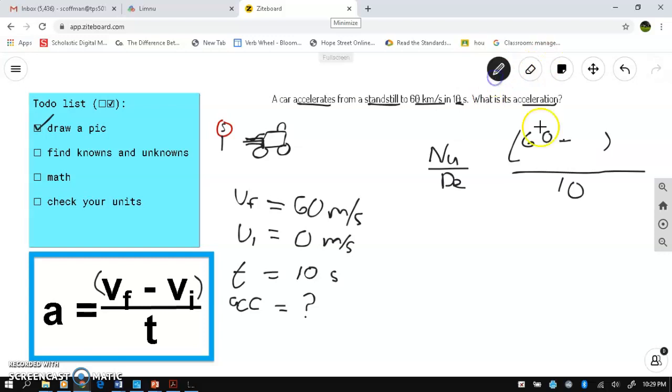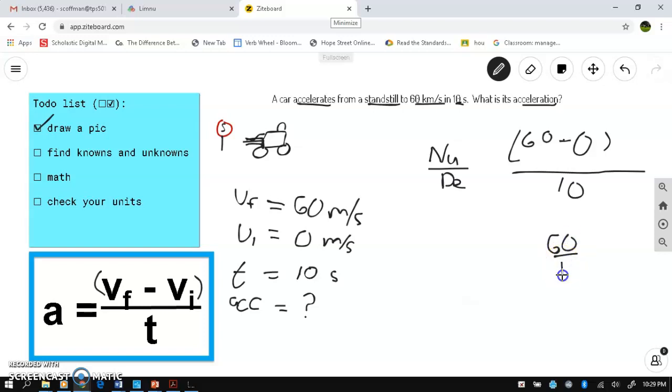It is not 60 subtract 10, it is 60 subtract 0. Whew, that makes me want to redo the whole problem. Their final speed is 60, our initial speed is 0, okay? So 60 minus 0 is 60, all over 10.